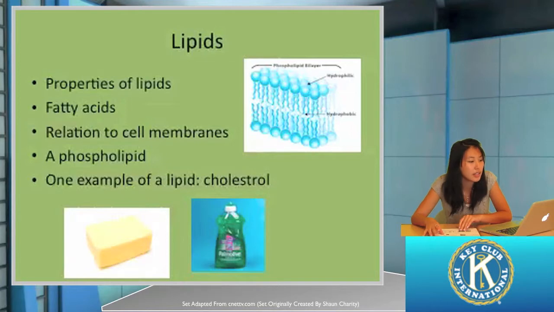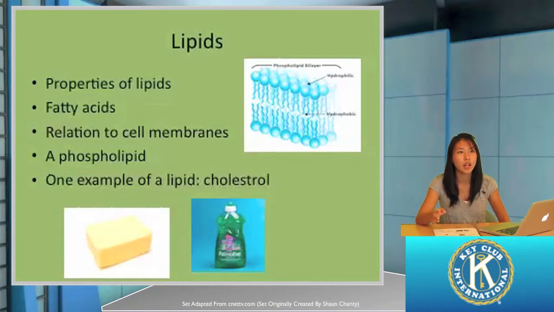The head is hydrophilic, which means it likes water, and the tails are hydrophobic, which means that they don't like water. An example of a lipid is cholesterol, and believe it or not, there are a few cholesterols in between the phospholipids in the cell membrane.